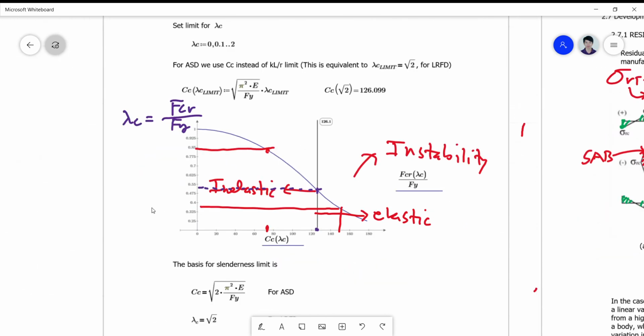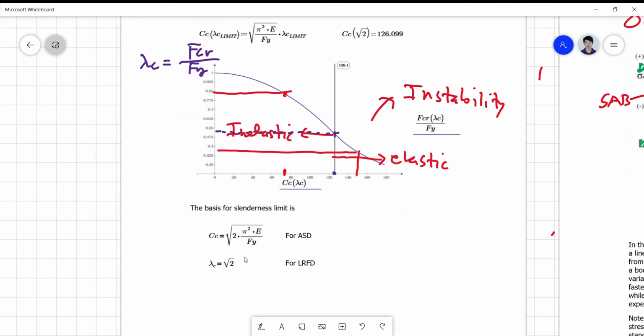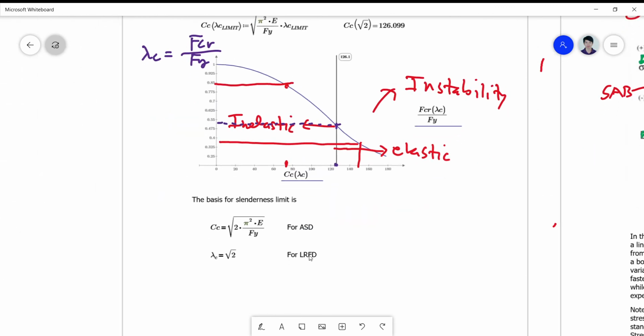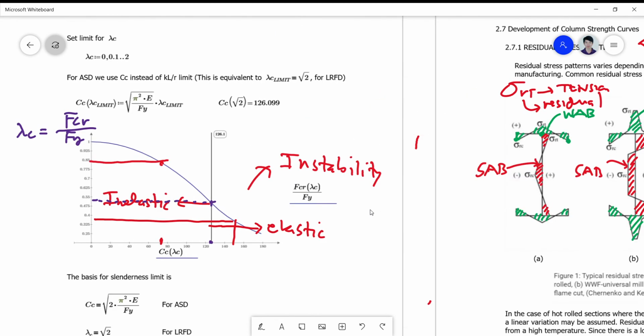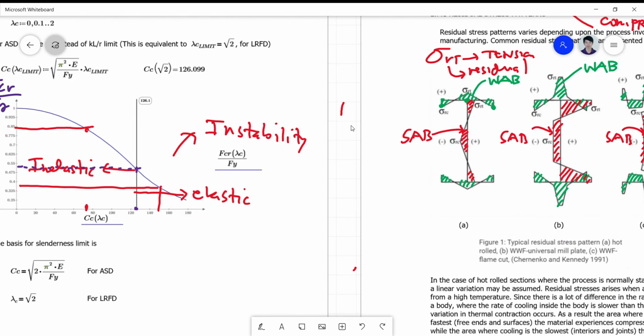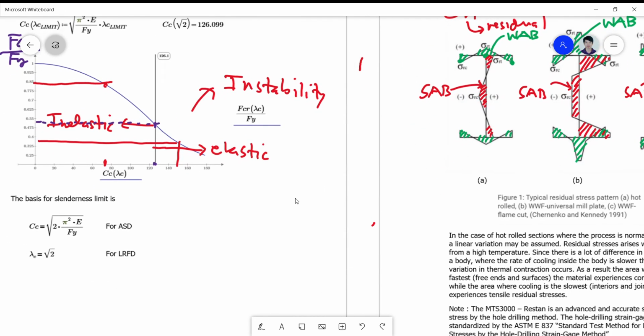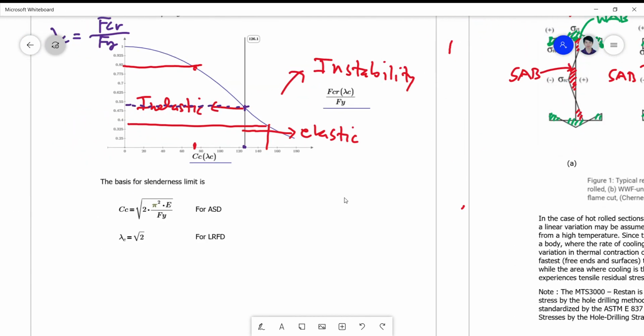Okay, so the basis for slenderness limit now is given again. This is the limit for LRFD. This is the limit for C sub c, ASD. And in order for you to be able to capture the Fcr, you have to use, of course, the formula on the SSRC.